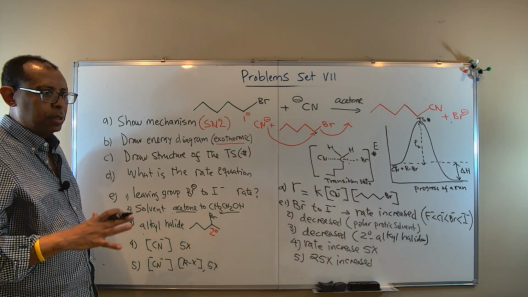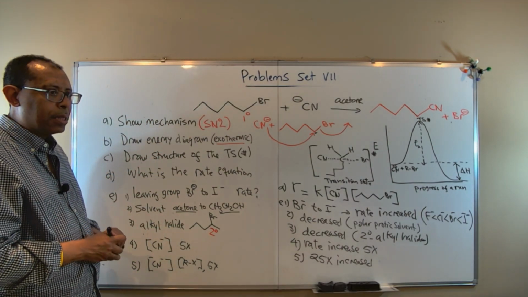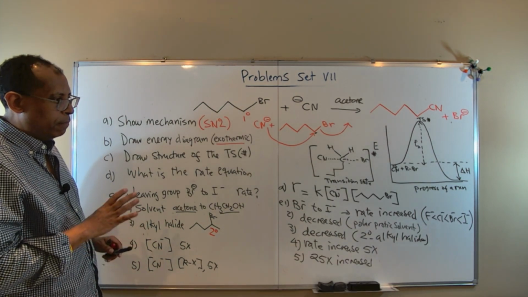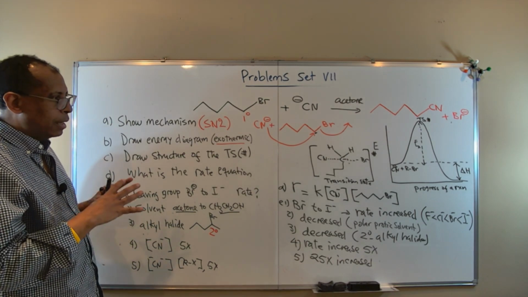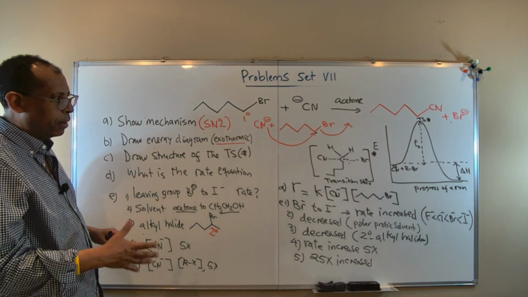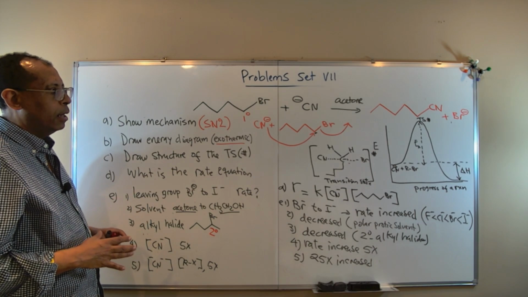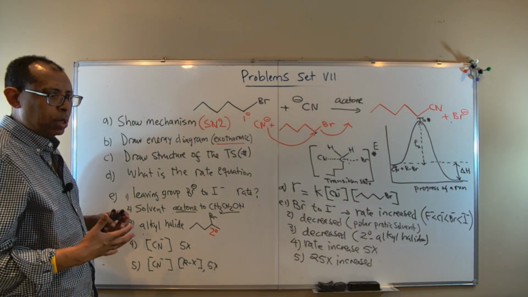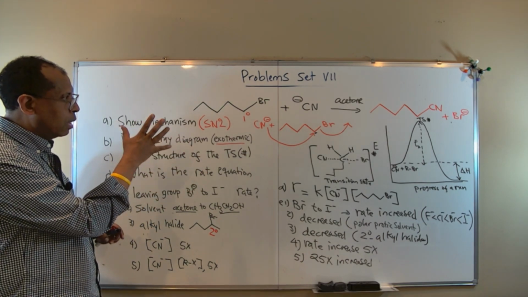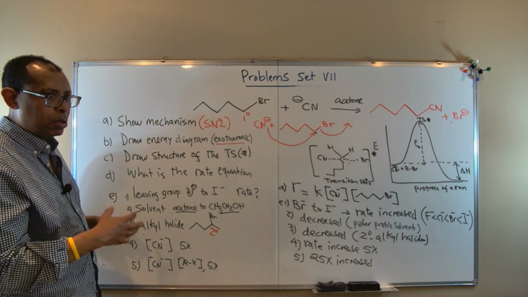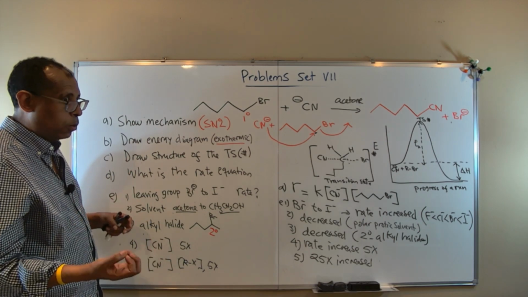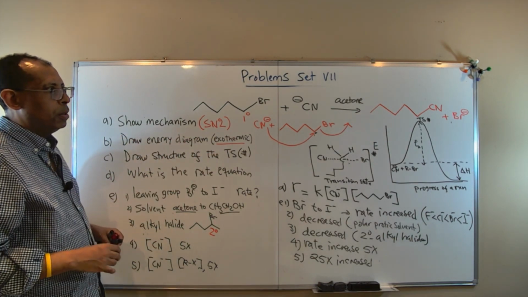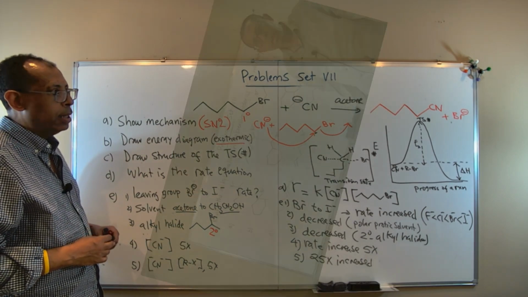This summarizes the whole SN2 reaction very well. It's a very good problem for you to summarize and revise what is involved in SN2 reaction. I really like this question. This is the type of question you'll encounter in this course, so just study this and you'll be mastering the subject of SN2.